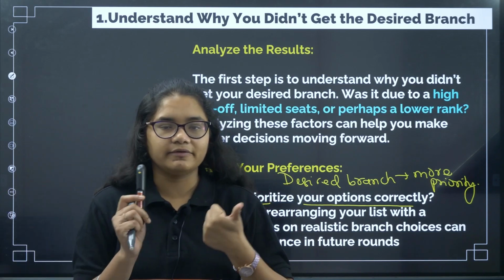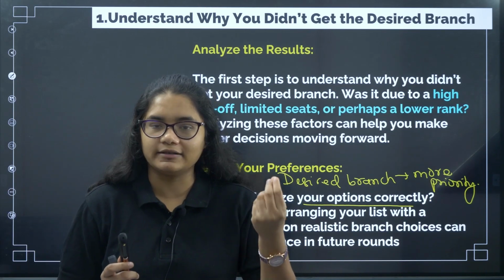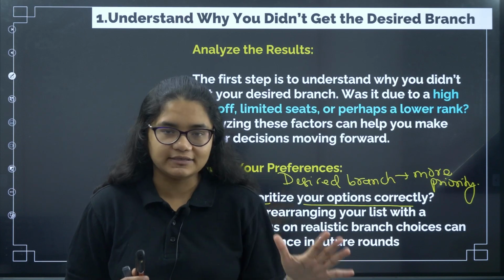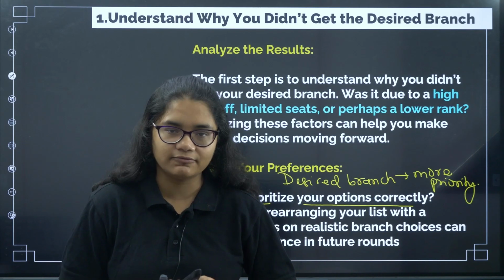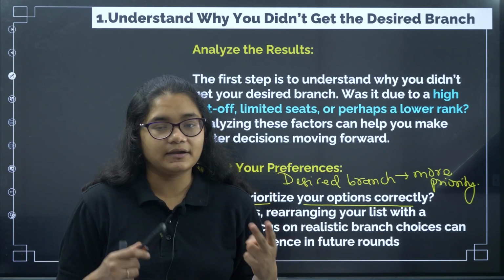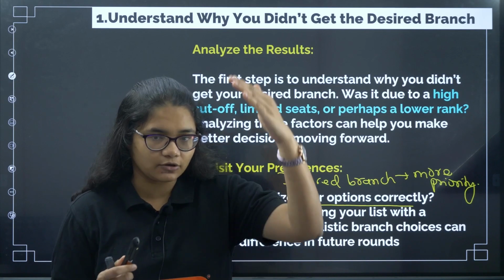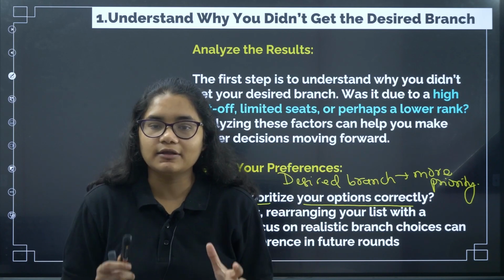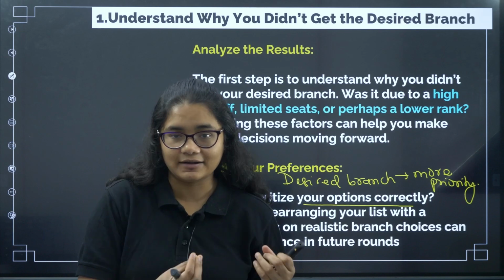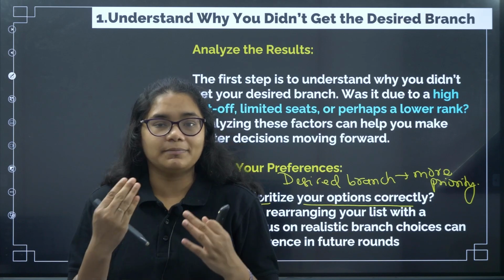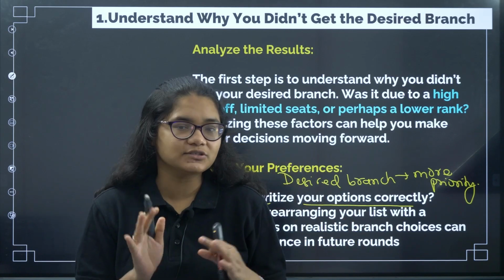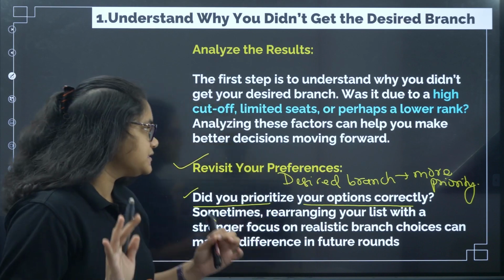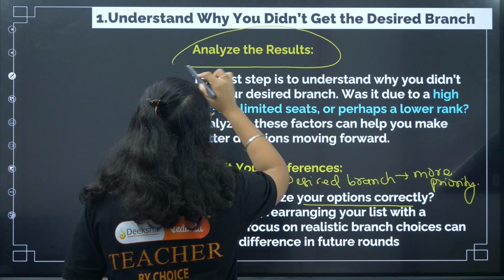So first of all we have to analyze why we did not get the desired branch. There can be various reasons, one can be the cutoff, another is giving priority to your desired branch. So you have to check your option entry once again and check whether you have given more preference to your desired branch or not. This much we have to do in the analysis of the result.